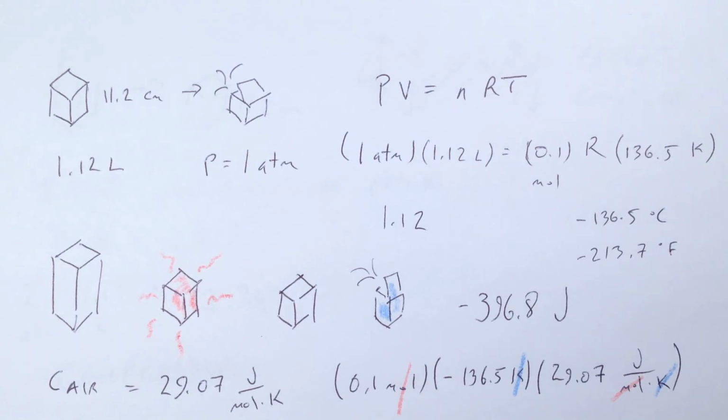But this also means that you are able to use the compression and the expansion of gases to do work for you, or at least transform work for you. And really the only cost of it is that you produce a lot of waste heat. A good example of this would be an internal combustion engine.